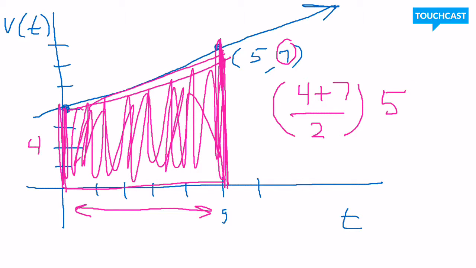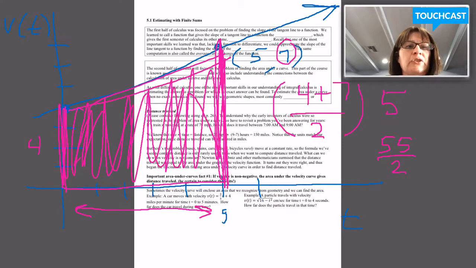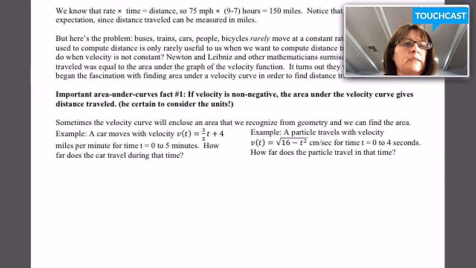So that's 4 plus 7 over 2, which is 11 halves times 5. The area under the velocity curve is 55 halves, which gives me my answer to the original question, which is, what is the distance traveled? The distance traveled is 55 halves. Miles per minute times minutes gives miles as the units.